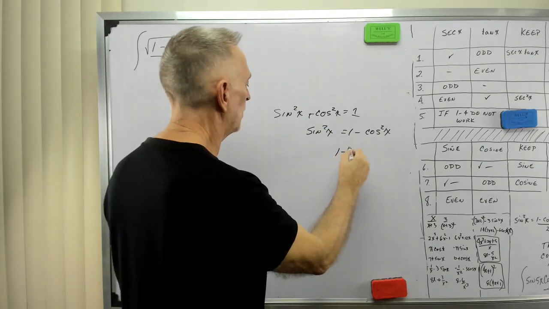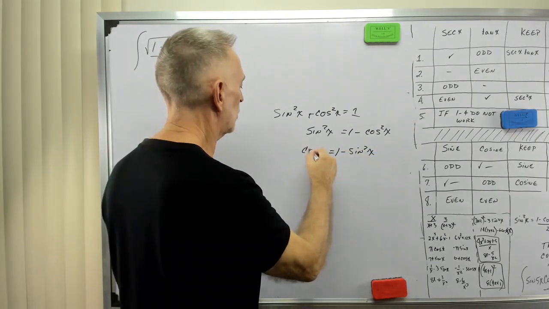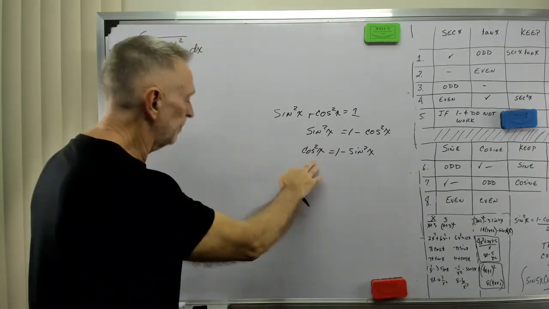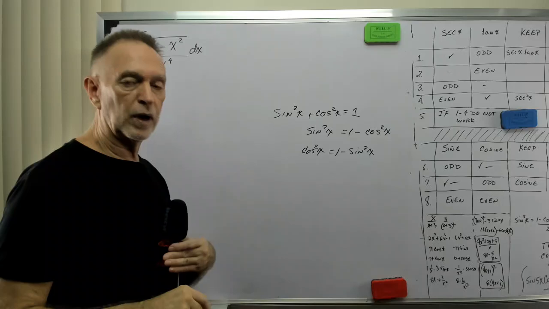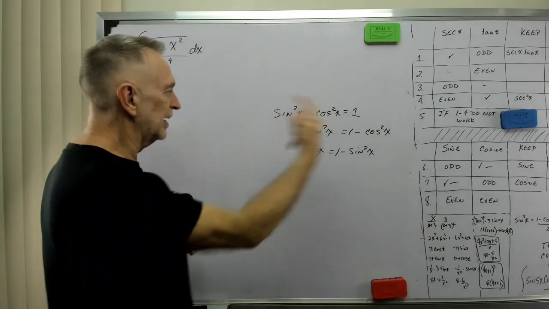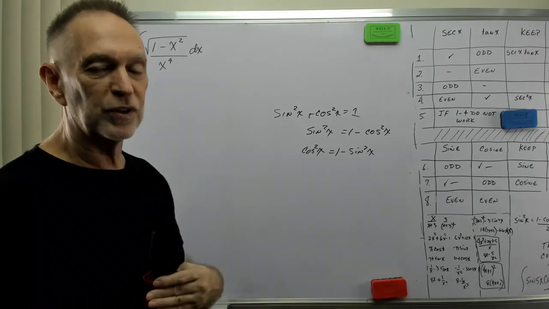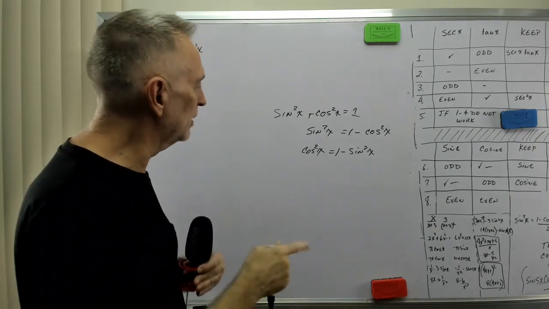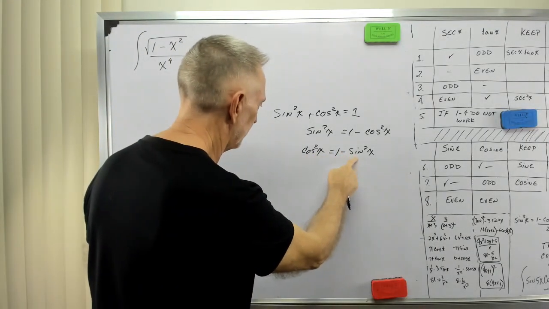Or 1 minus sine squared x equals what? Cosine squared x. So when I look at that, I'm thinking, oh, 1 minus sine squared. Now the reason I didn't choose cosine is because the derivative of cosine is a negative sign. I'd have that negative sign I need to deal with. But in this case, I don't.